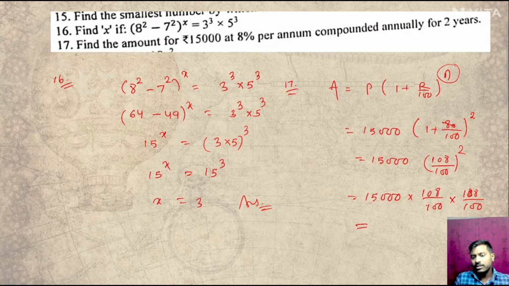Now cancel. 20 cancel, again 10 cancel. 5 2s are 10, 5 3s are 15, 2 cancel. Now multiply 3 into 54 into 108, that is 162 into 108.